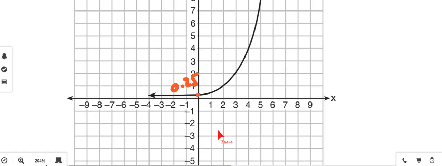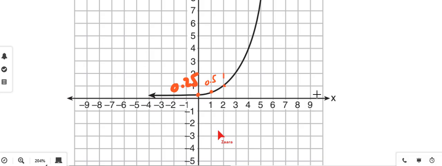It is passing through a quarter on the graph. At 1 we can take its value to be 0.5. At 2 it is 1.